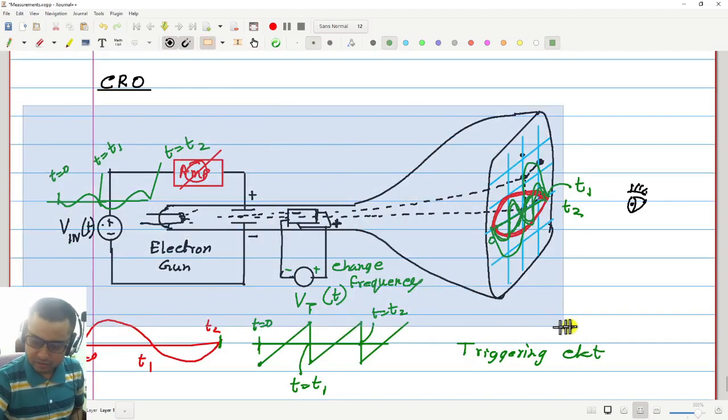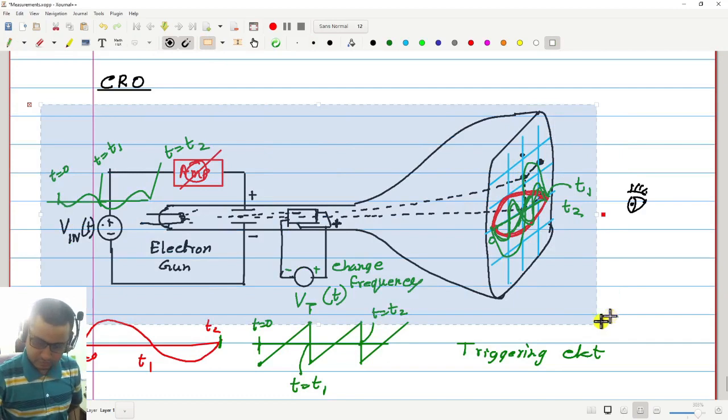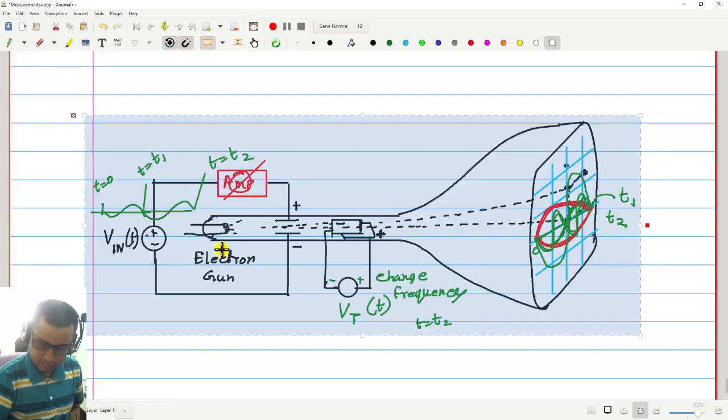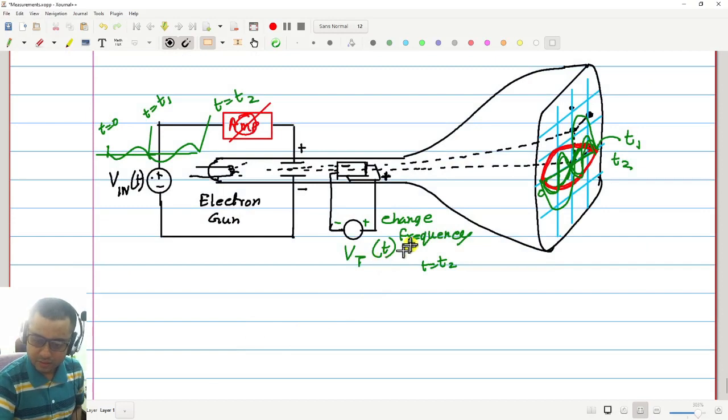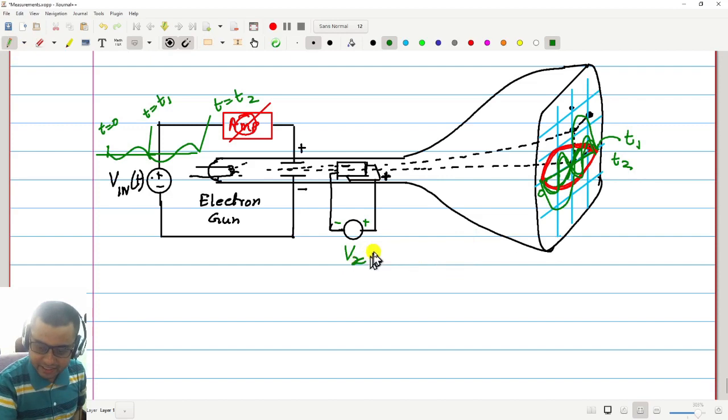Let me call this voltage Vx(t), an input voltage, and let me call this Vy(t). Why? Because this voltage will change the y or vertical position of the beam, and this voltage will change the x or horizontal position of the beam.